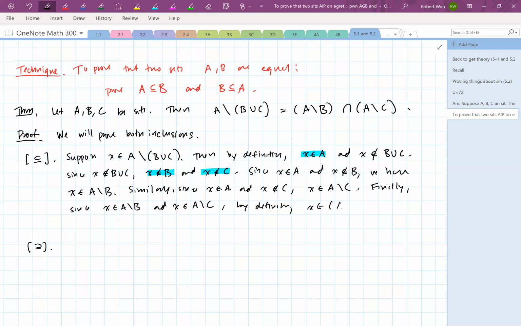X is in A minus B, intersect A minus C. So this shows that the left-hand side is a subset of the right-hand side because the element chase worked.